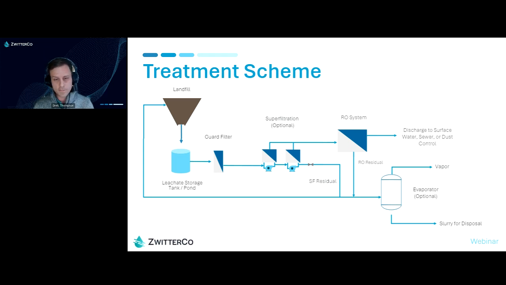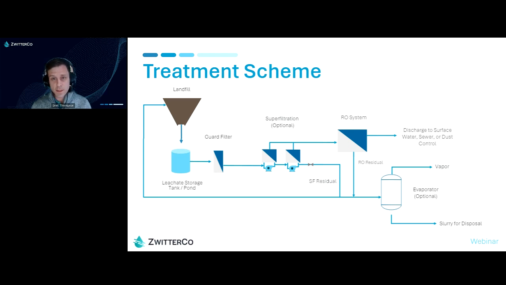Because of this, for RO systems treating landfill leachate, the first pass is typically a high pressure pass, able to go up to higher pressures to overcome the osmotic pressure of the leachate and produce a discharge suitable for surface water in many cases, discharge to sewer, or reuse for dust control.